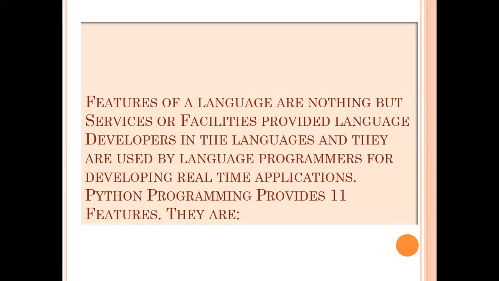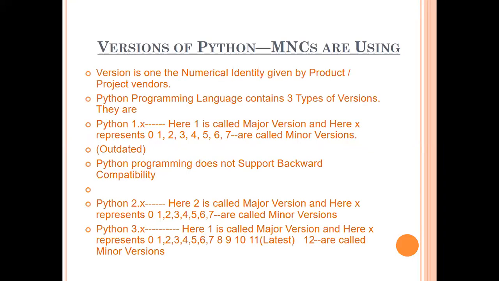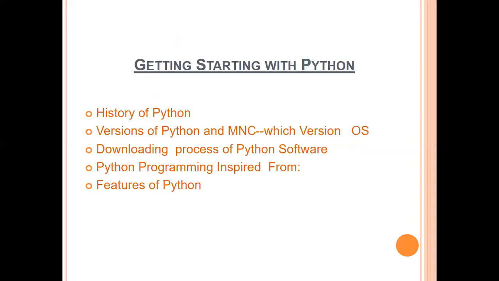So today we have discussed the features of Python, the downloading process of Python, the history of Python, right? And the versions of Python. After that, we also discussed what Python programming was inspired from. So that's all for the session today, students.